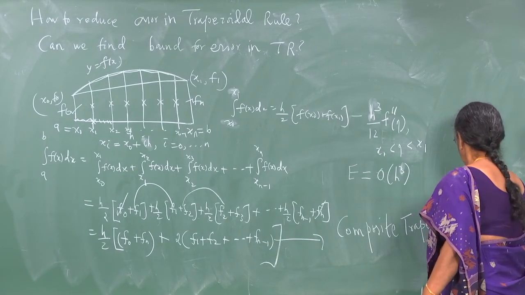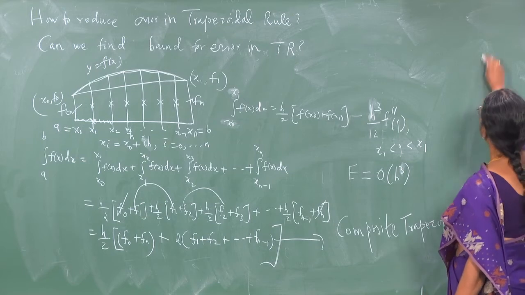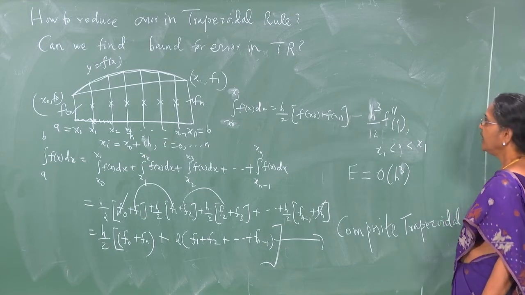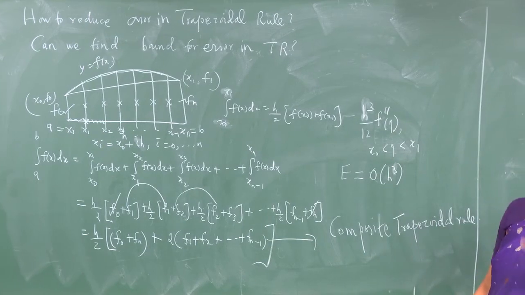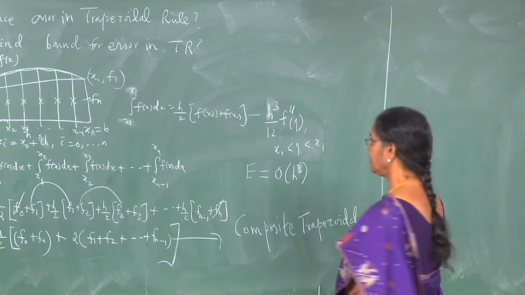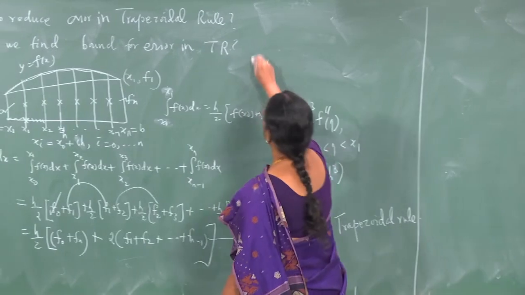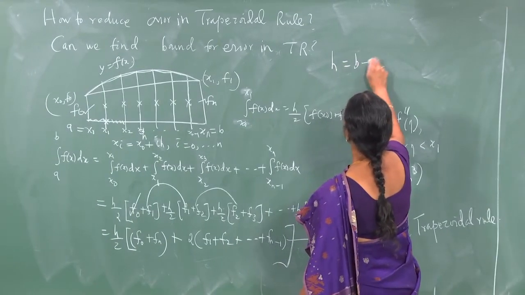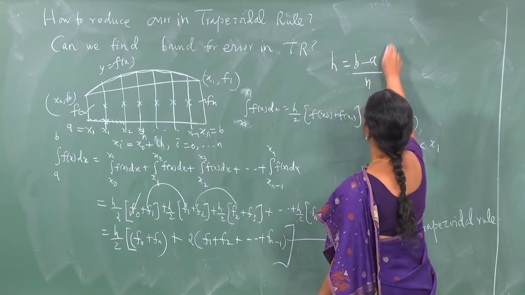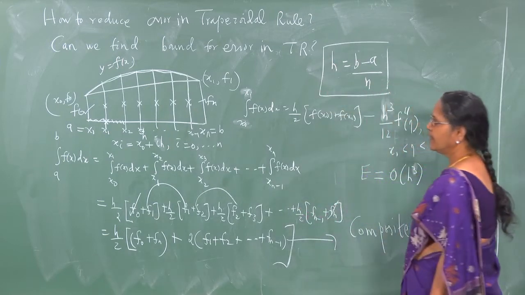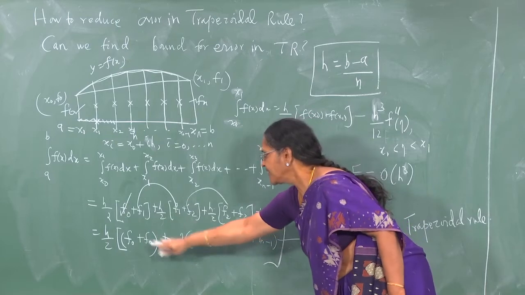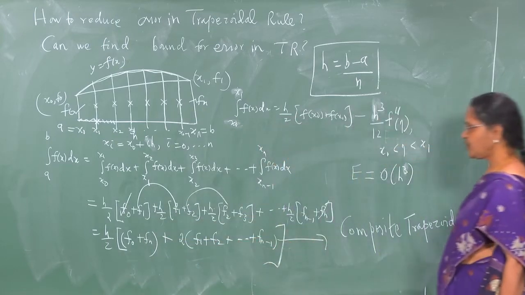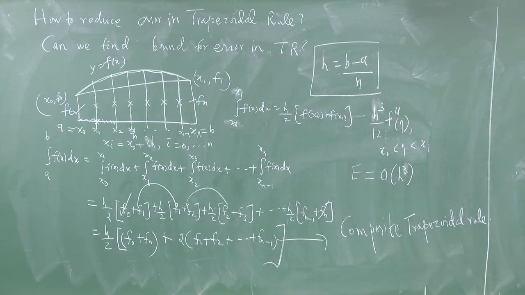The composite trapezoidal rule is obtained by dividing the interval of integration into, say, n equal subintervals of width h, which is b minus a by n, and the formula gives you h by 2 times the sum of the end ordinates plus twice the intermediate ordinates.